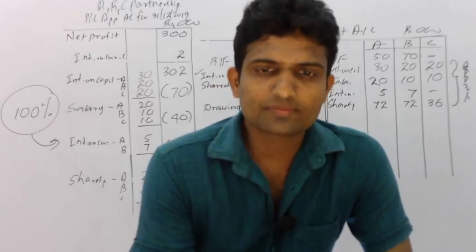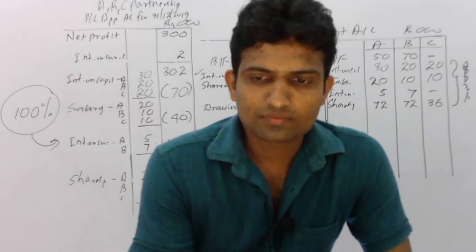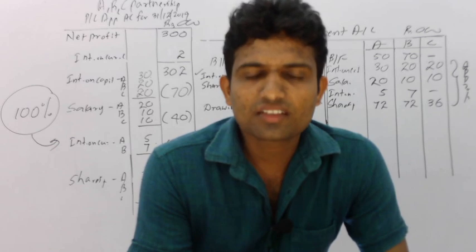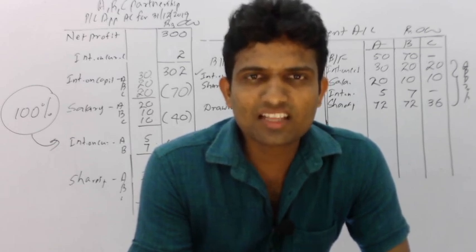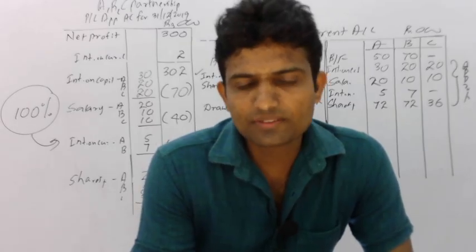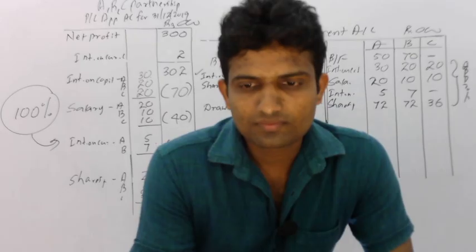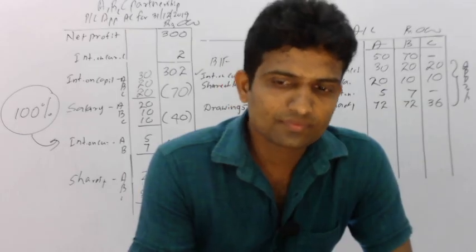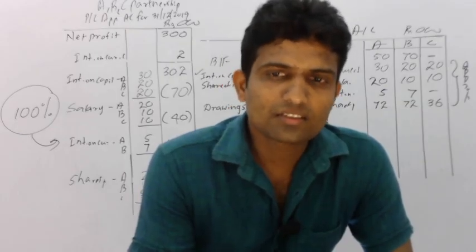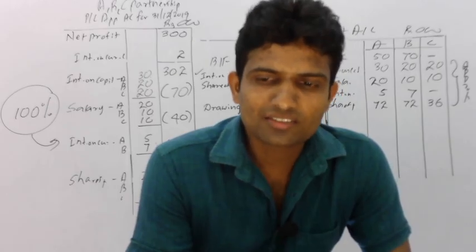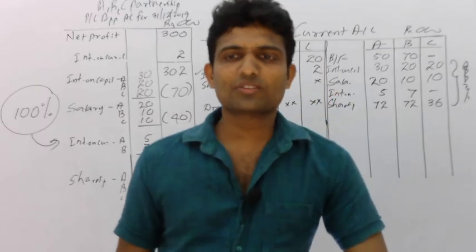Double entry. Salary account debit, cash account credit. Correct. In case the salary is not paid, then salary account debit, accrued salary account credit. Good. Salary debit, accrued salary credit.